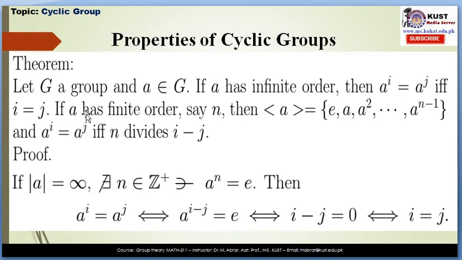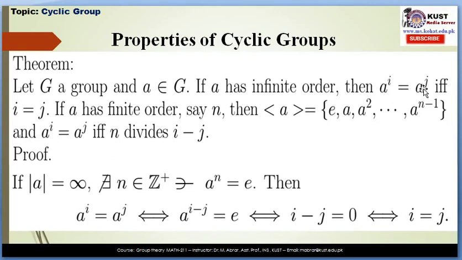And the second part says if A has finite order, say we can assume of course n, then the group generated by this A contains the powers of A, and the two powers coincide if and only if n divides the difference of i and j. So feel the difference here. In the first case these two powers were the same if and only if i equals j.